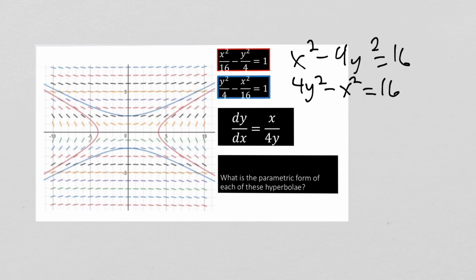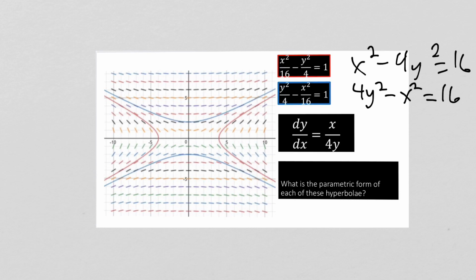And if you take the derivative of these two, you should arrive at x over 4y no matter what. Just notice that the one that opens horizontally is more squished in, and the one that opens vertically is more flat.